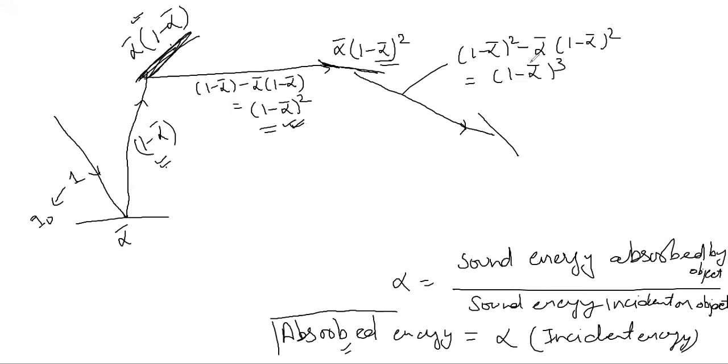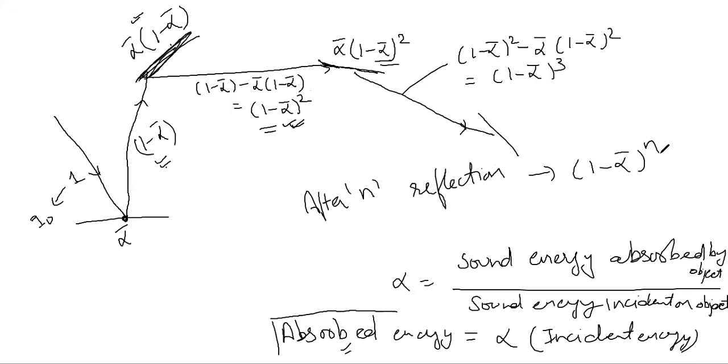You see a pattern here. After first reflection, it became 1 minus alpha bar. After second reflection, it became power 2. After third reflection, it became power 3. So if there are n number of reflections, after n number of reflections, your intensity is going to be 1 minus alpha bar raised to power n.